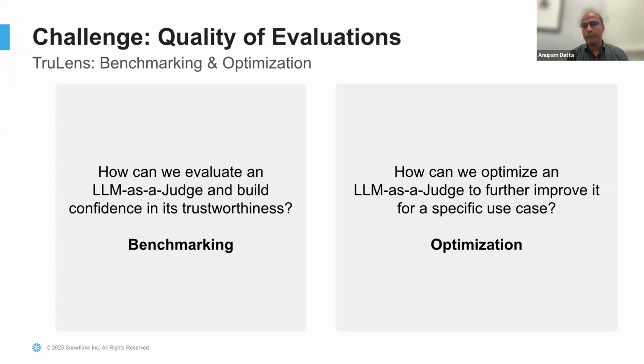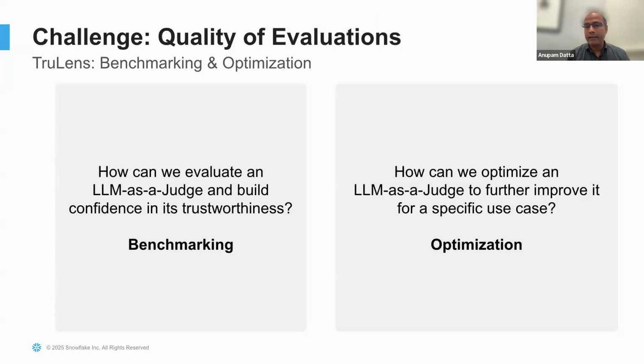Thanks, Josh. Josh showed you how to evaluate and iterate on this RAG application to improve quality metrics. One set of questions that we often get from our users is, when we are using LLMs as judges to measure metrics like context relevance, groundedness, and answer relevance, how do we trust that judge and build confidence in it?